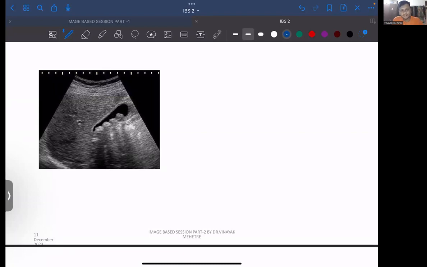AST, ALT deranged हो गया. Pain in right upper quadrant, and this is the image. फैटी खाना खाते हो, राइट, स्मोकिंग ड्रिंकिंग भी करते हैं लोग, so many patients are going to present with gall bladder stone.